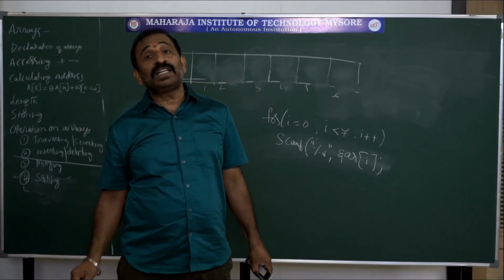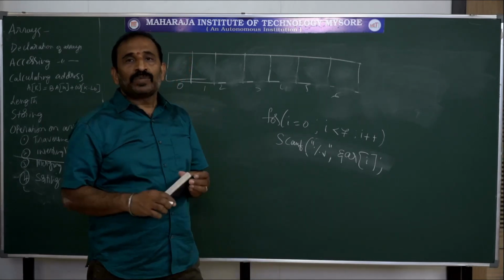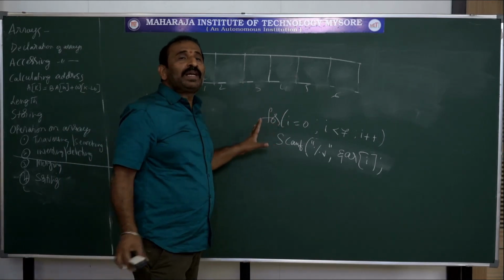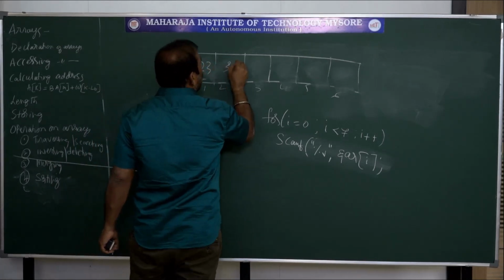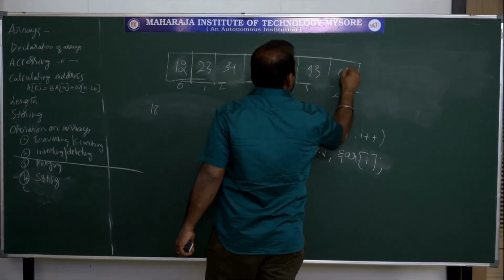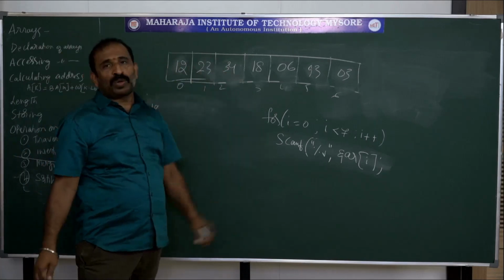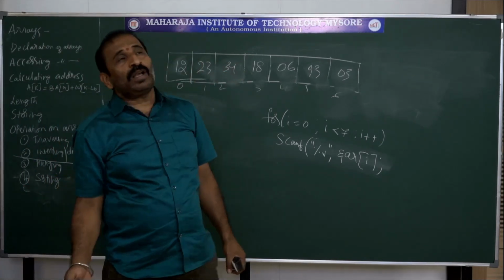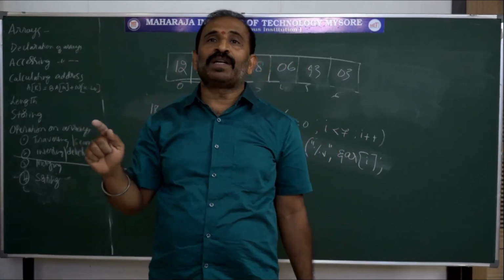Deleting an element is slightly complicated. What is that? See, the array elements, say for example here, 12, 23, 34, 18, 06, 93, 0. These are the numbers that you have typed through the keyboard and they are now stored. I would like to delete an element. First of all, to delete an element, you have to search for the element.